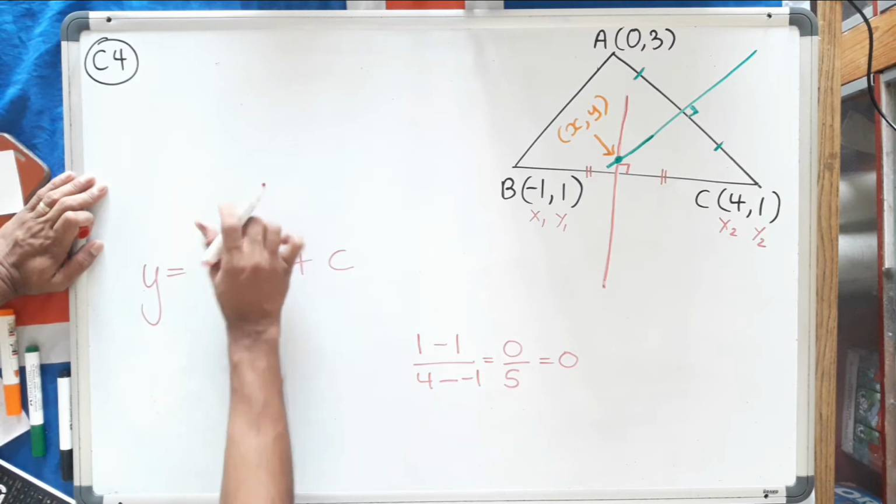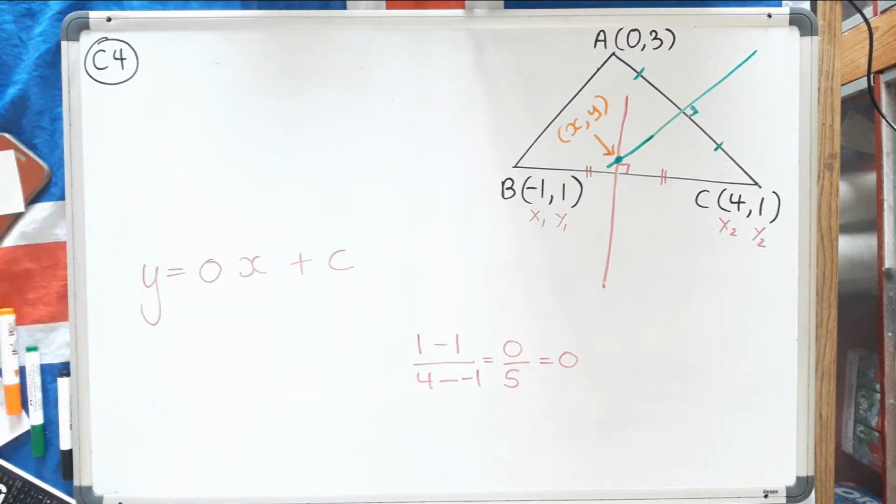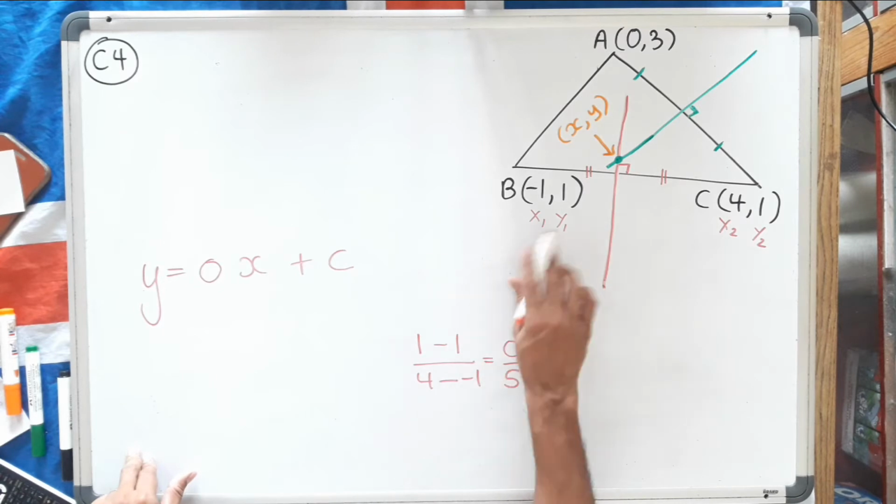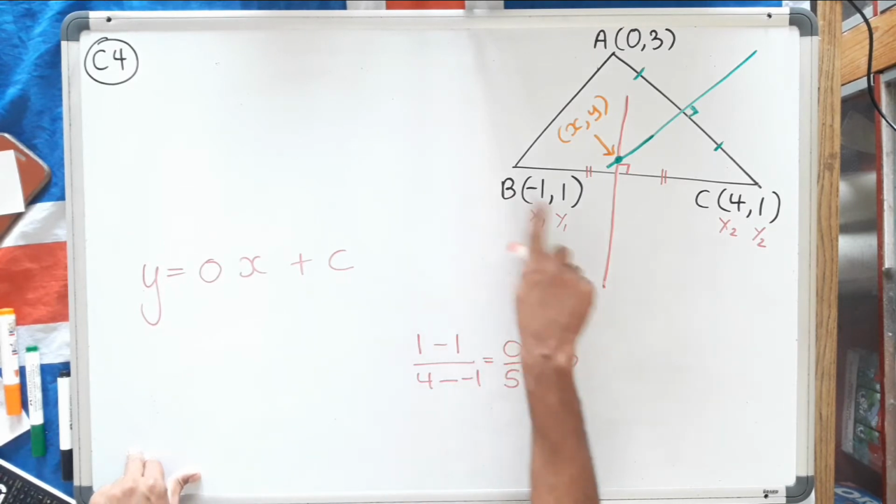So we know our gradient of the red line, y is equal to 0x plus c. So the gradient is now 0. We still have to find c. To find c, we need 1 point on the line. Well, actually, we don't need to find c, but I'm just going to find it just in case. You'll see why c isn't important. To find c, we need to choose a point on the line.